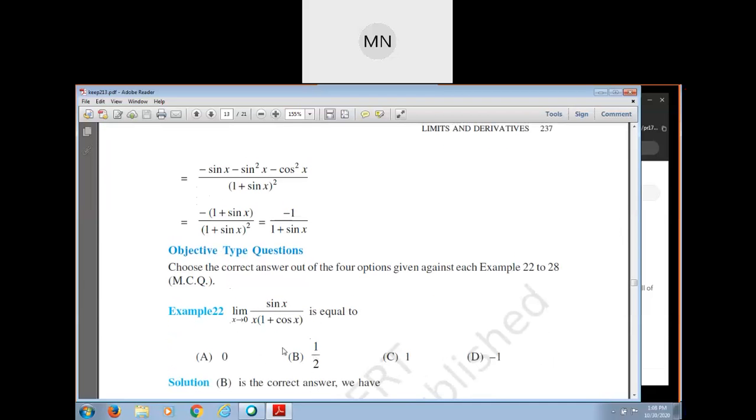Write this one: limit x tends to 0, sin x divided by x into 1 plus cos x.